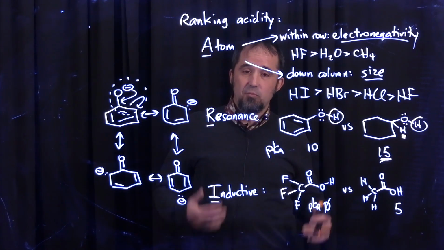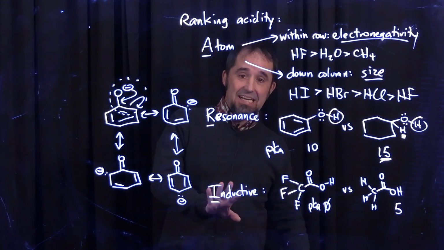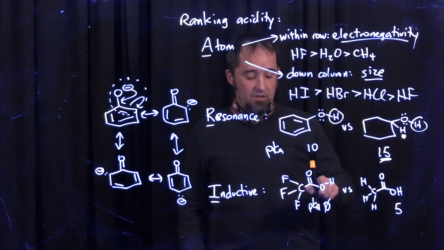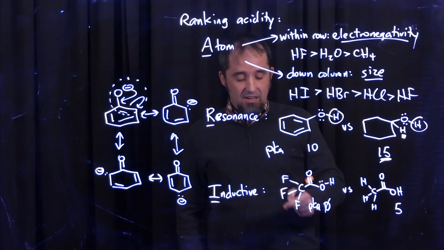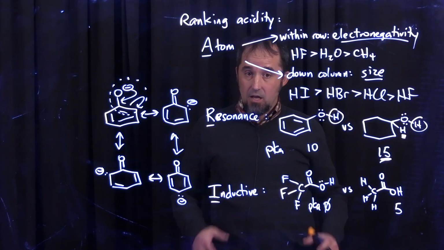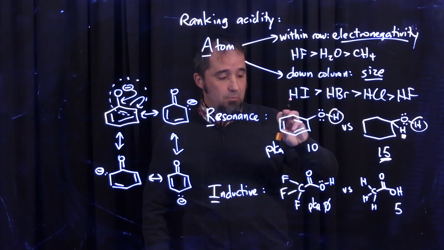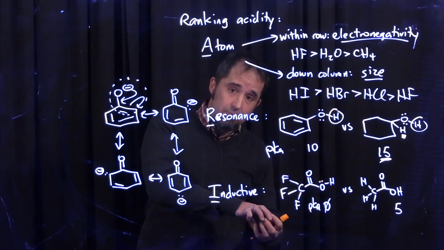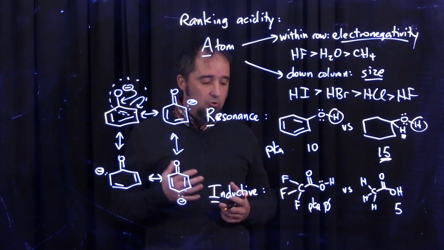Even without resonance, we can have effects of electronegative atoms. So here, the inductive effect: there's no way for me to think about an O- or the lone pairs here drawing resonance structures and ending up with new electrons on fluorine. But while this oxygen can pull electrons through the pi system, these fluorines can pull through the sigma bonds, or really even just through space, not even through bonds.